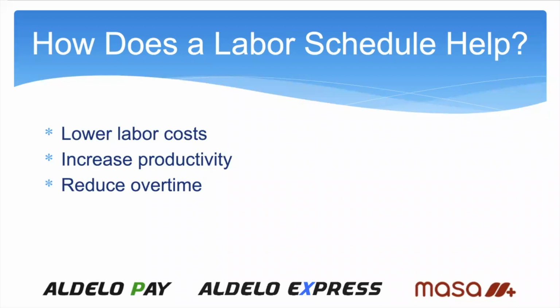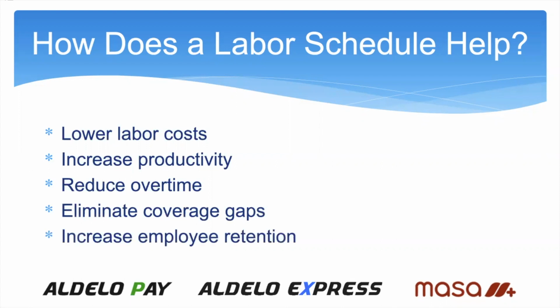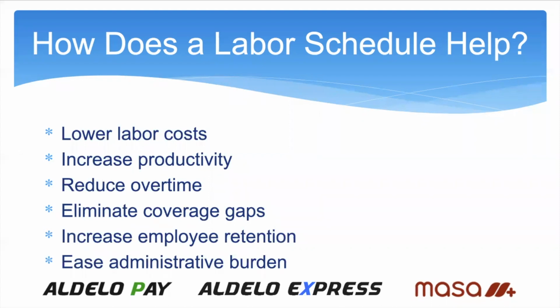We're going to get into that here shortly and explain how that one line will help justify the entire system. Eliminate coverage gaps, increase employee retention, and ease administrative burden by making sure that the right people are here at the right time. It'll guide future hiring decisions to let you know how much volume we're able to do with this number of employees.